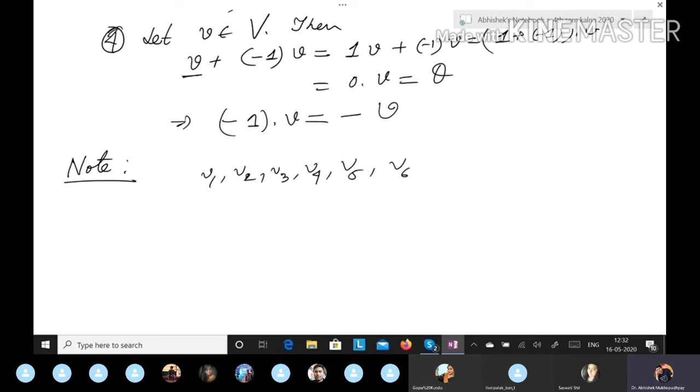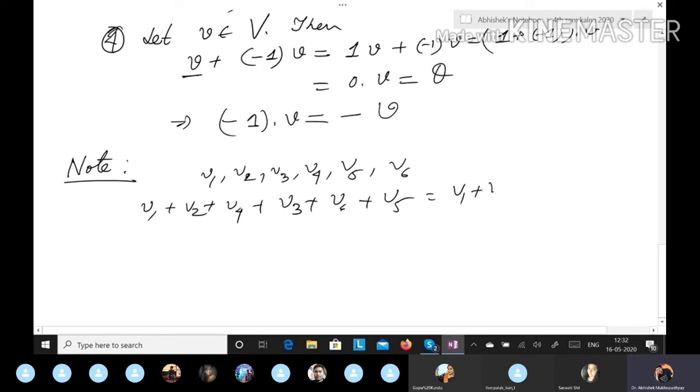That means v1, v2, v4, v3, v6, v5, this finite sum is equal to v1, v2, v3, v4, v5, v6.